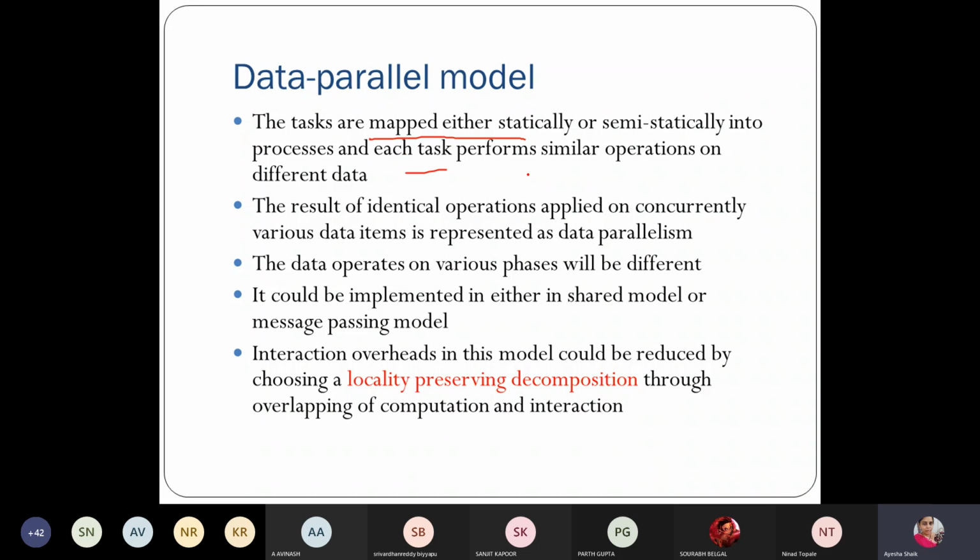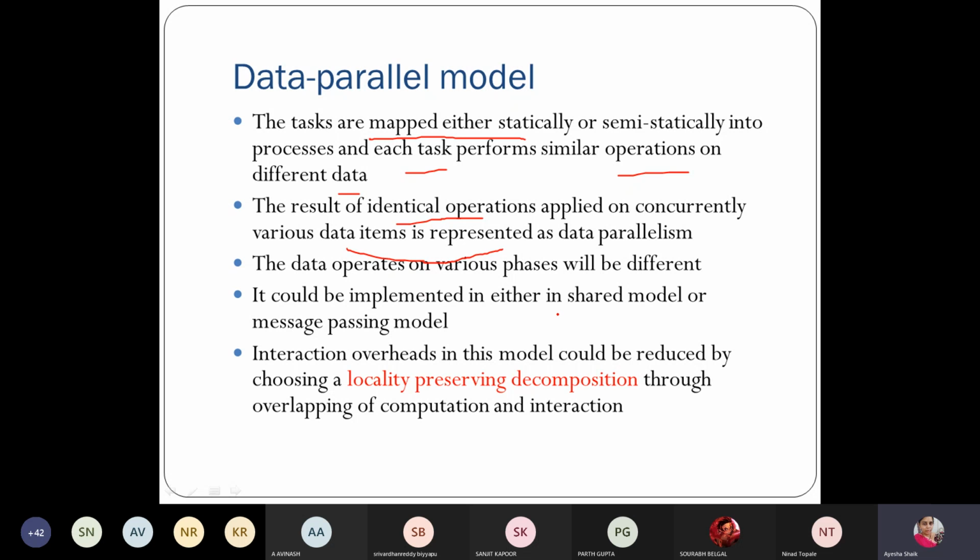Each task performs similar operations on different data. Identical operations are applied concurrently on various data items, which is why it is called data parallel. And the data operated on in various phases can be different.